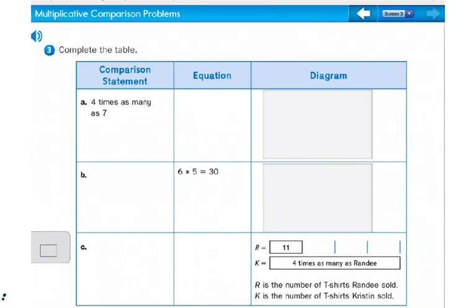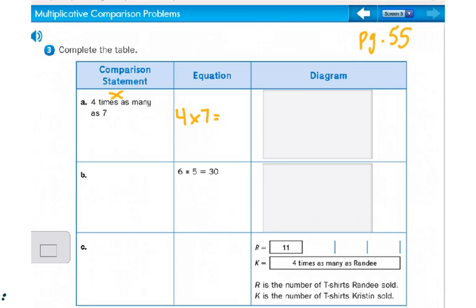So 3A on page 55 says, go ahead, let's take out the words and put it all in a numerical equation. So times as many, we're going to use the multiplication symbol. So 4 times 7, and we're going to go ahead and solve.